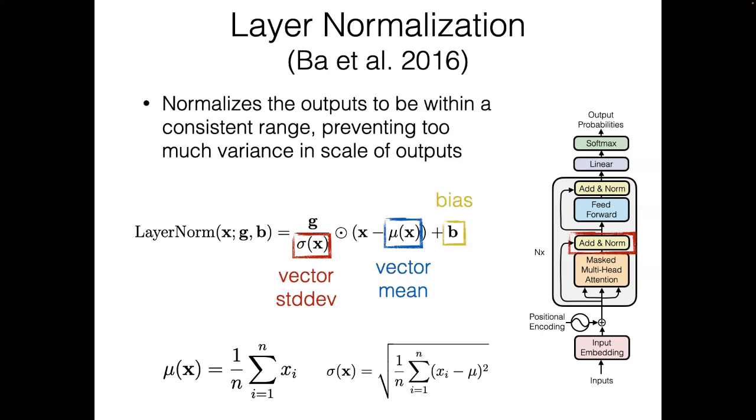Then you have two learned parameters. One adjusts the scale, and one is a shift term, a bias term. In doing so, you go from your original output vector x to one that's been adjusted by the mean, the standard deviation, and these learned adjustment parameters. Any questions about this layer normalization?